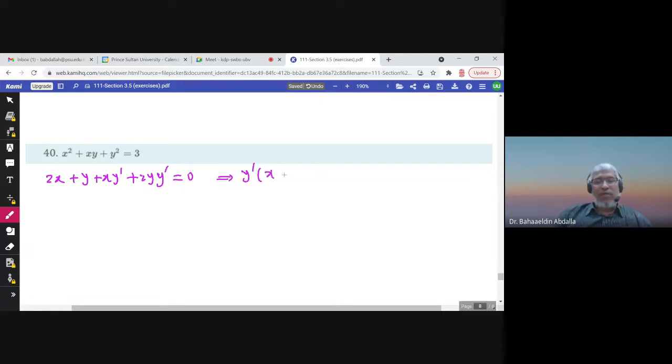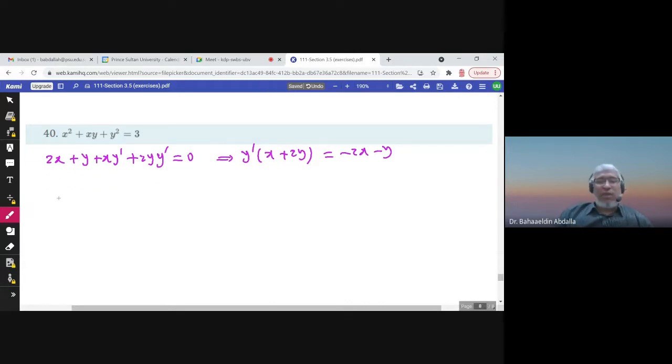I have x plus 2y, and negative 2x minus y would be on the other side. And then y prime is negative 2x minus y over x plus 2y. And let me find y double prime using the quotient rule.